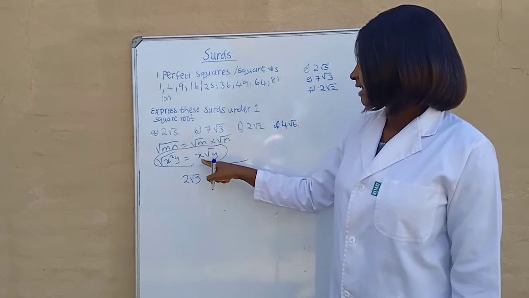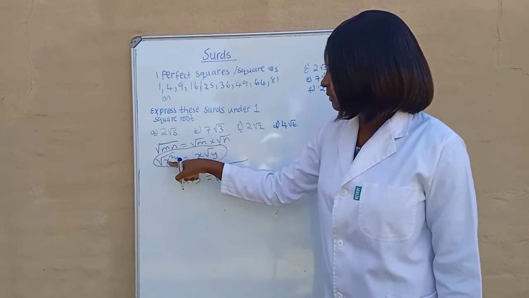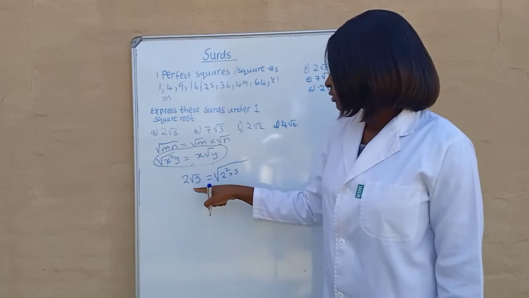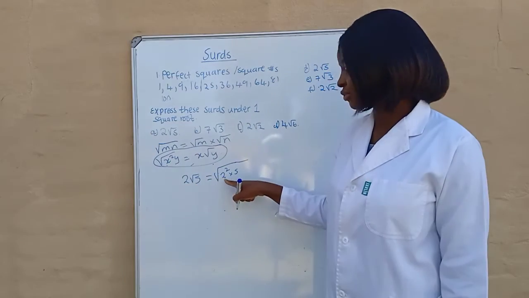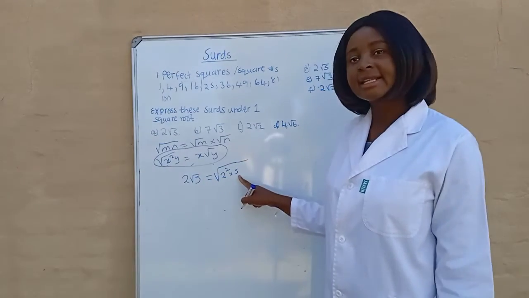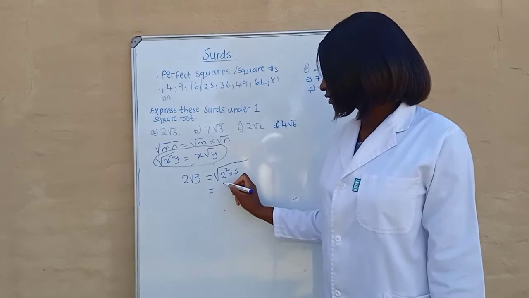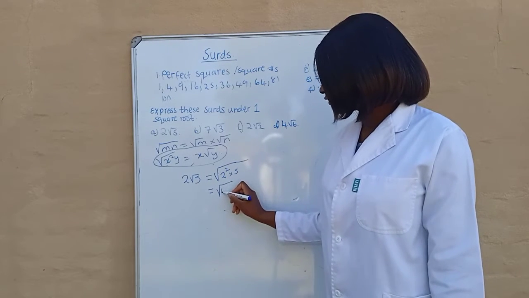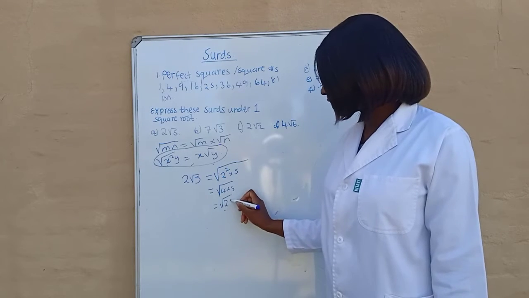When we go back, the 2 will become 2 to the power 2, and root 5 maintains the 5 as it is, still under the square root. So 2 to the power 2 is 4, and we have the square root of 4 times 5, which is root 20.